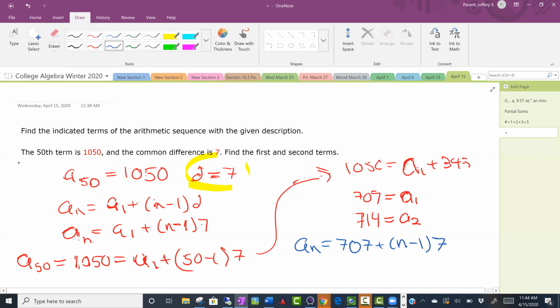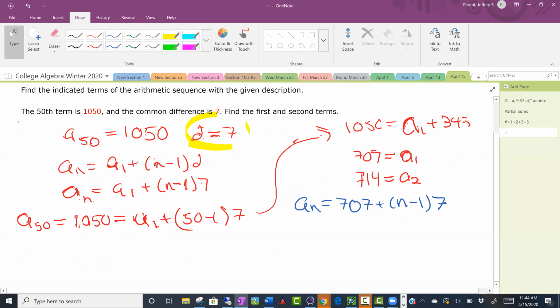Now, some people do distribute this, and then you get 7n minus 7, and the 707 minus 7 just becomes 700. So you could write it as 700 plus 7n, and that's equivalent.